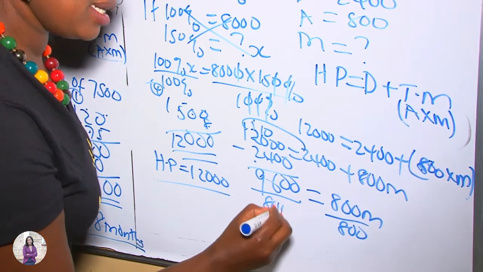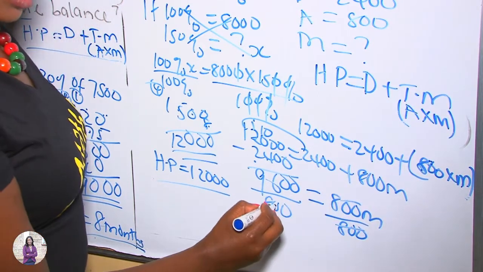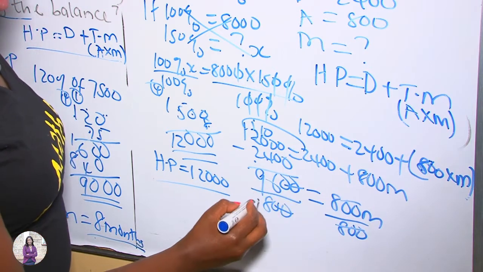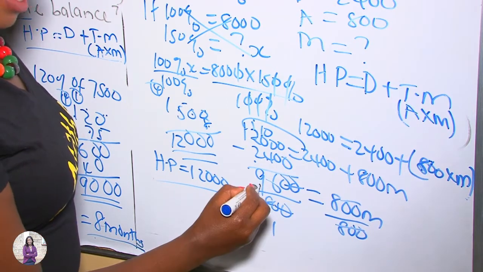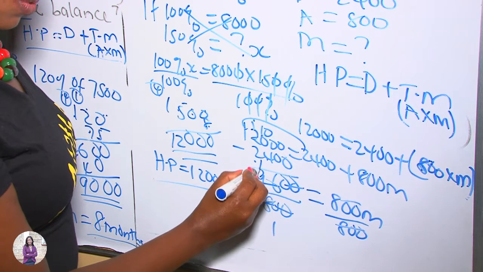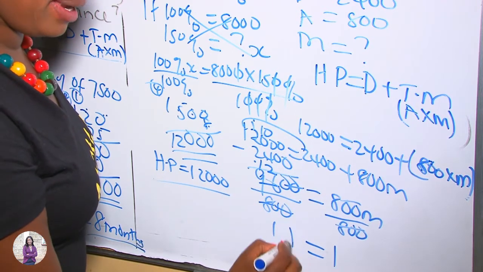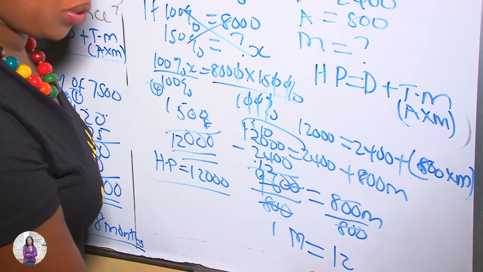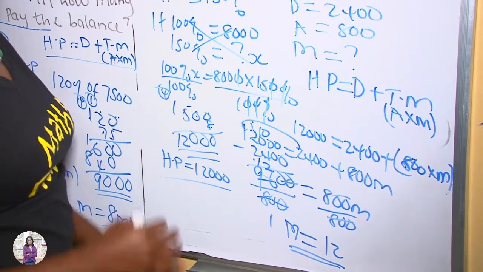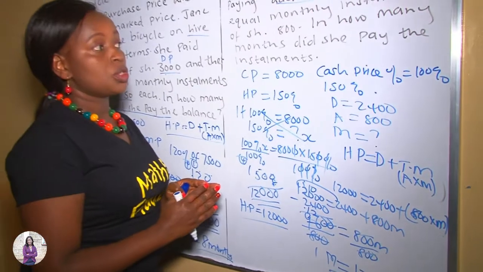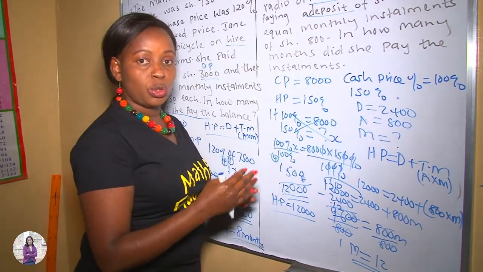Therefore, there are 2 zeros, they cancel. By 8, 1, by 8 is 1, 2, so 12. And the number of months, our M, is equal to 12. Therefore, he was able to pay 800 in 12 months.